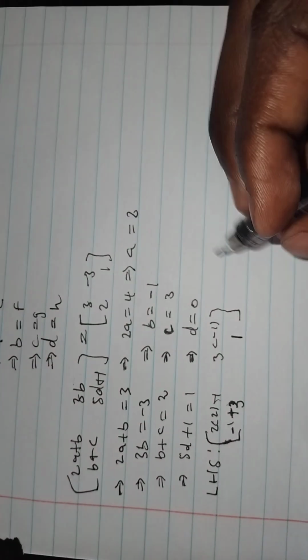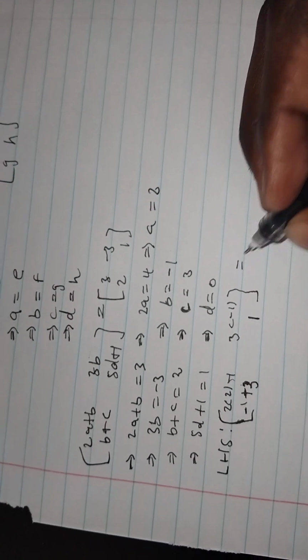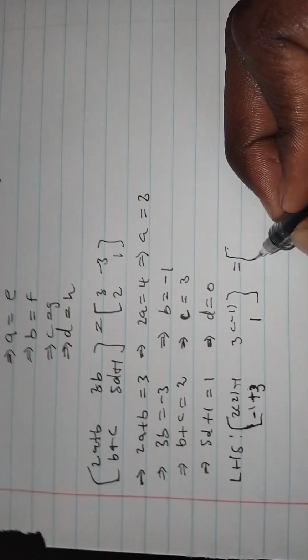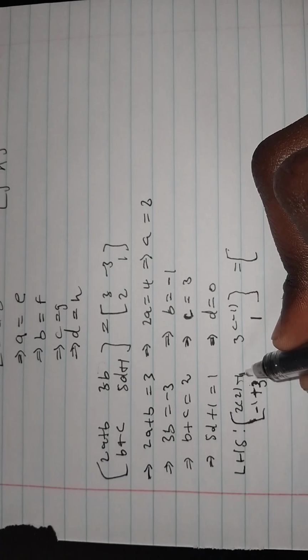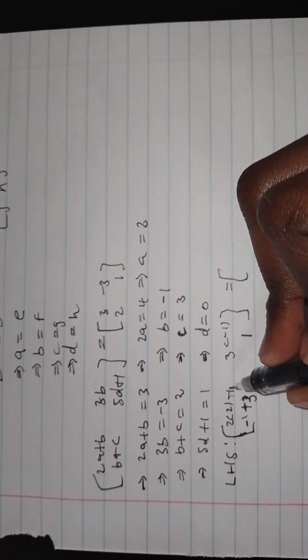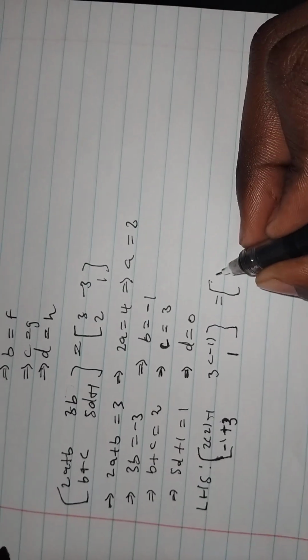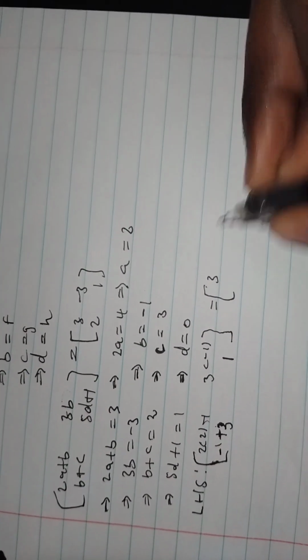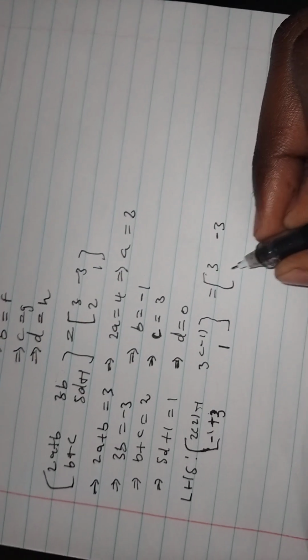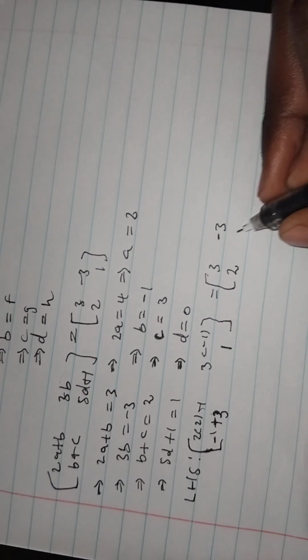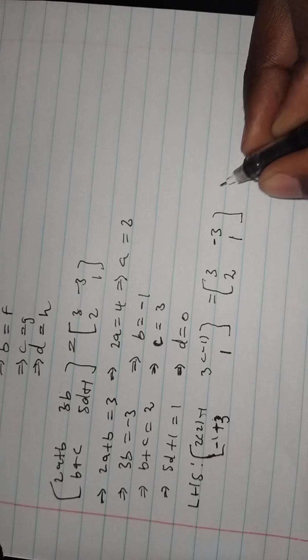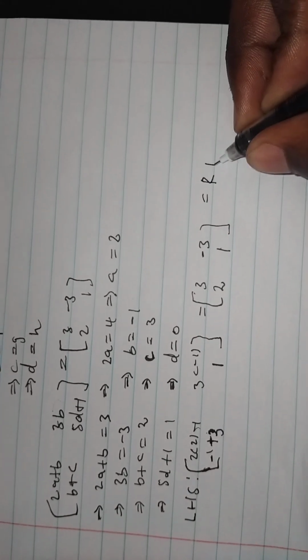It gives us 2 times 2 minus 1. 2 times 2 is 4, then minus 1, that is 3. Then 3 times minus 1 is negative 3. Then minus 1 plus 3 is equal to 2. Then there we had 1. So the left hand side is equal to the right hand side.